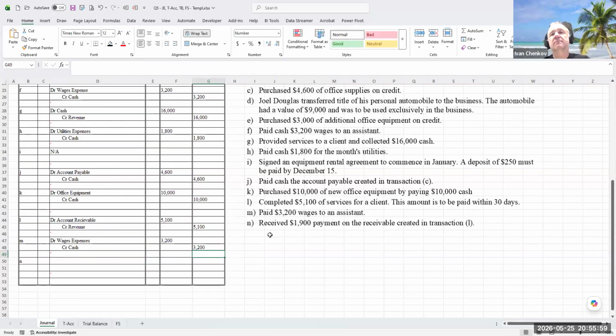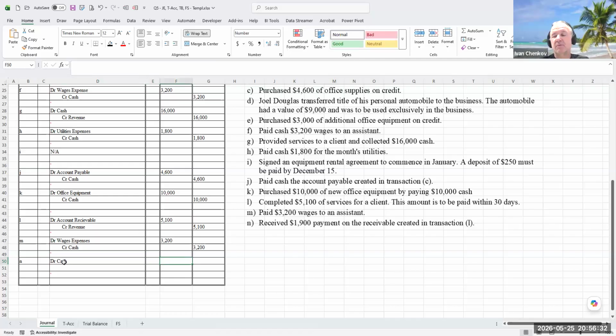And the last one, we receive payment for the receivables created in transaction L. So out of this 5,100, the client decided to pay us 1,900. Let's do it. What does the business get? Debit, cash.